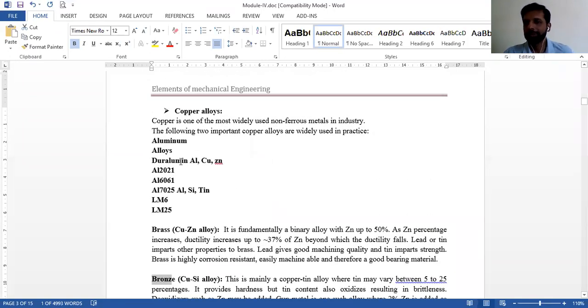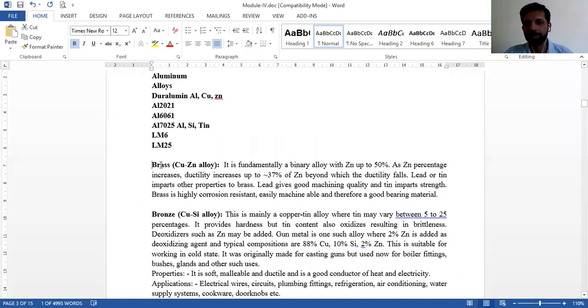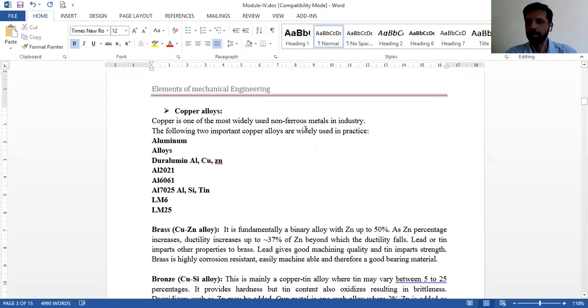What are the alloys of copper? Copper alloys will be basically brass and bronze. So this is some view about the metals, non-metals, and a few insights about the alloys.